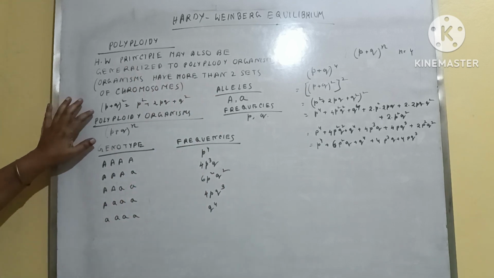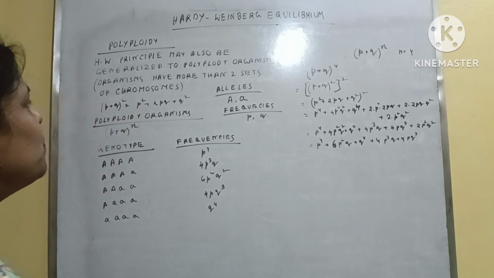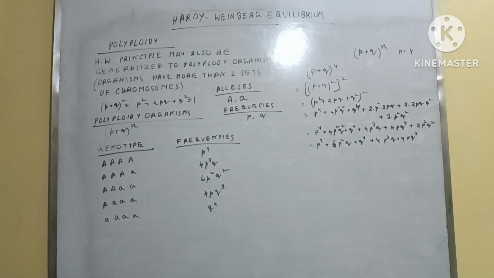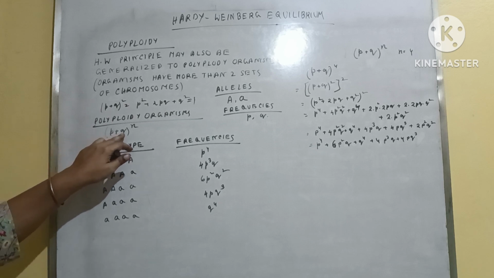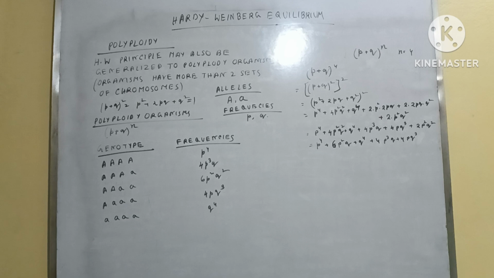That means (p plus q) whole square equals p square plus 2pq plus q square equals 1. Okay, so for the polyploid organism I have taken (p plus q) to the power n. You can put any value, just not 2.